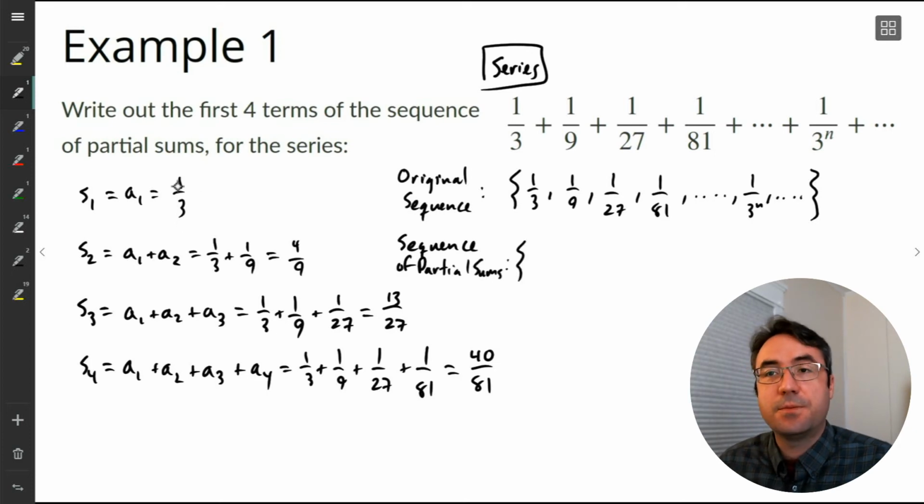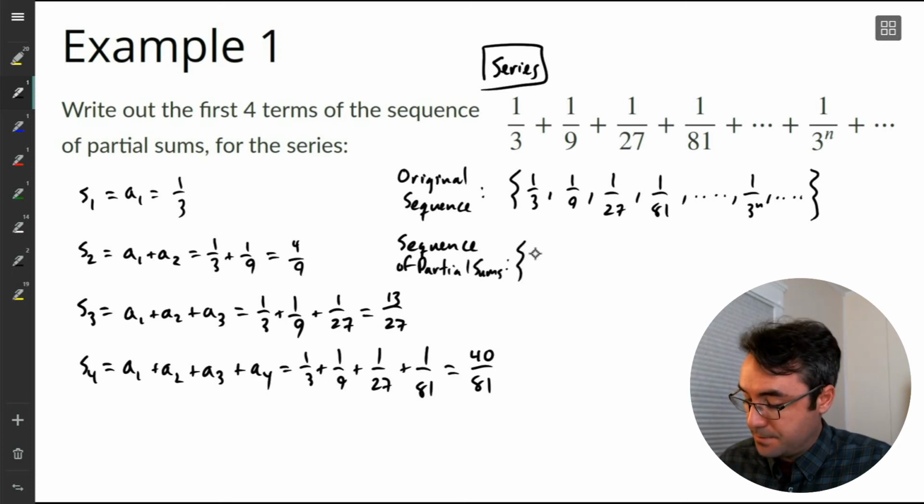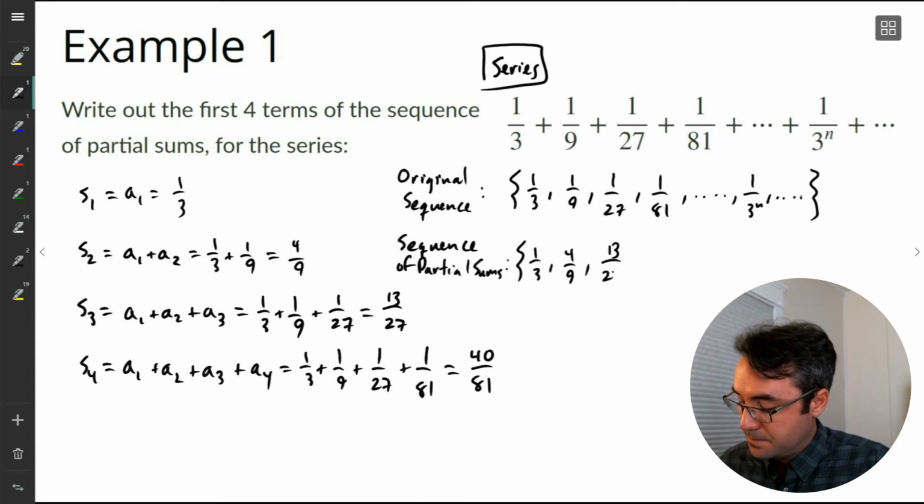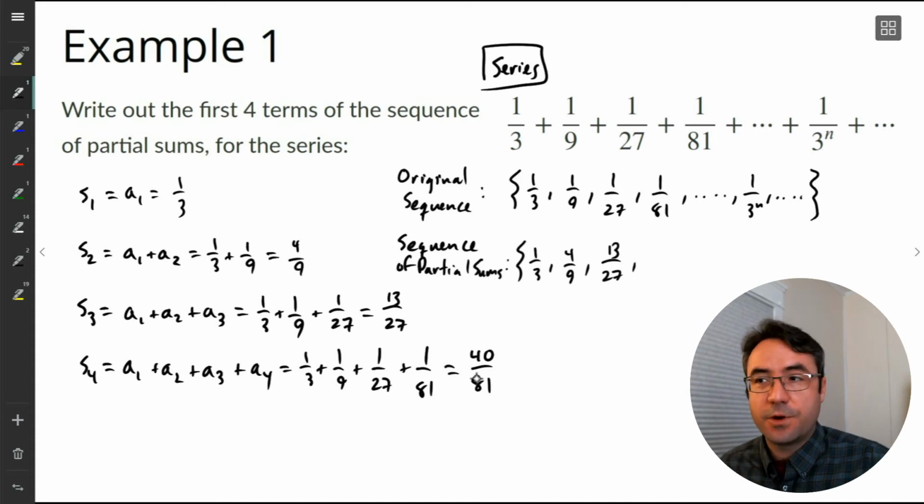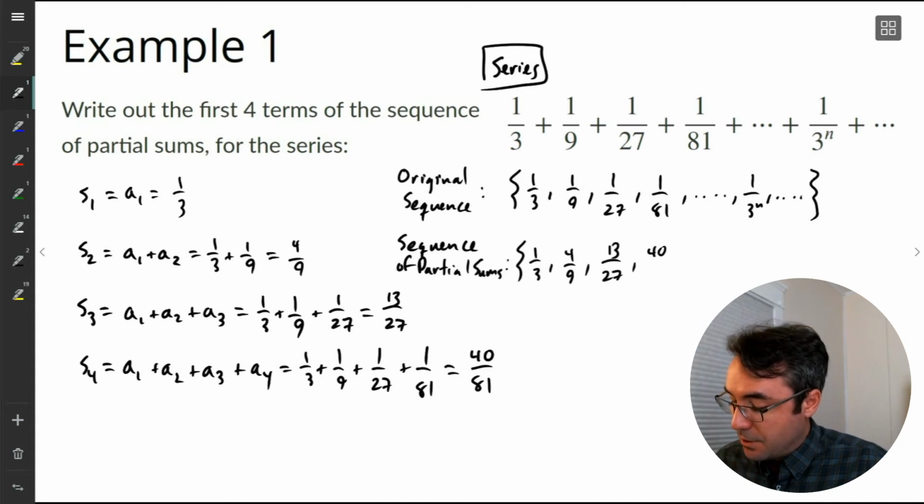What's the first term? Well, the first term is 1/3. What's the second term? It's 4 over 9. Third term, 13 over 27. Fourth term, 40 over 81. And it keeps going.